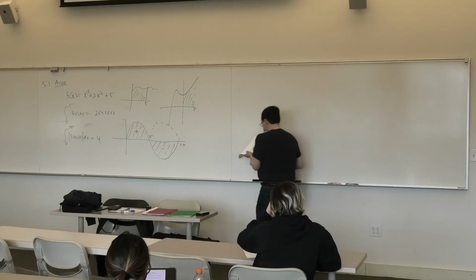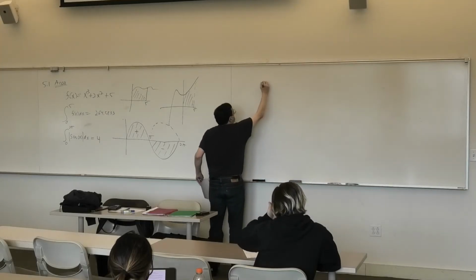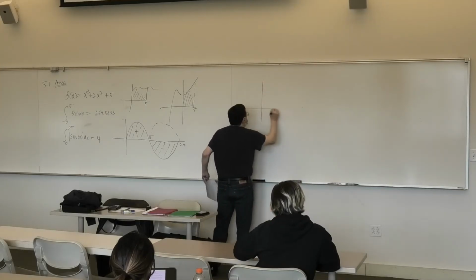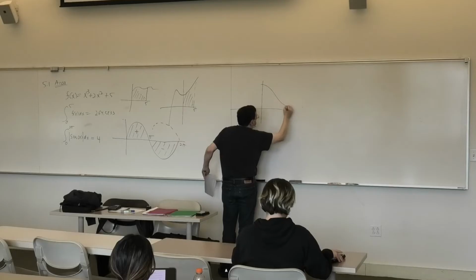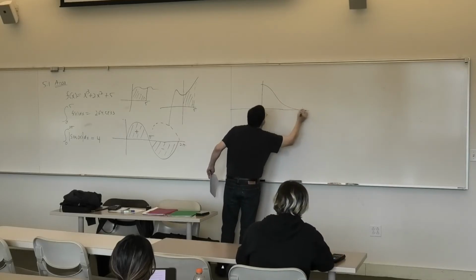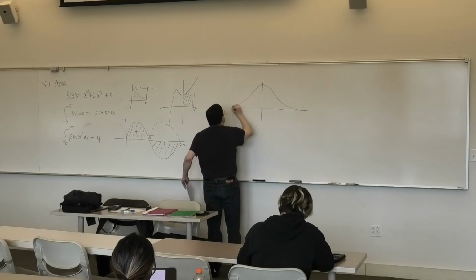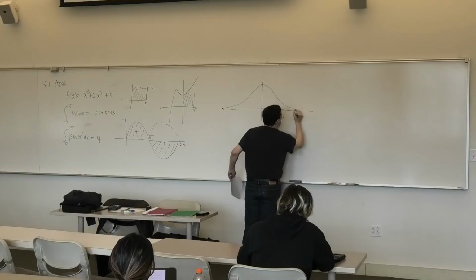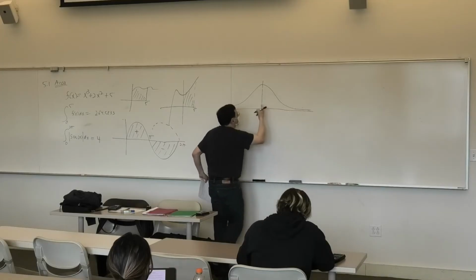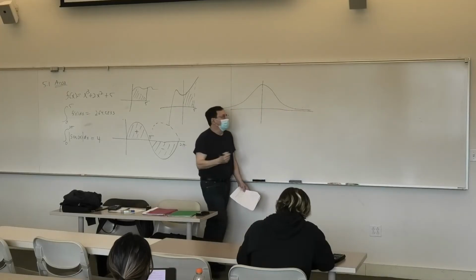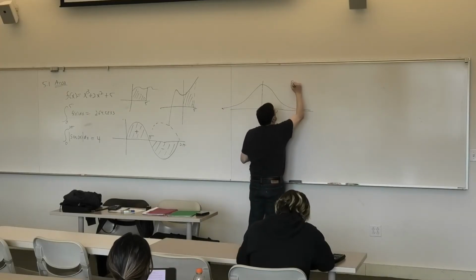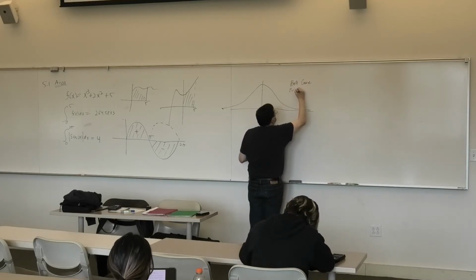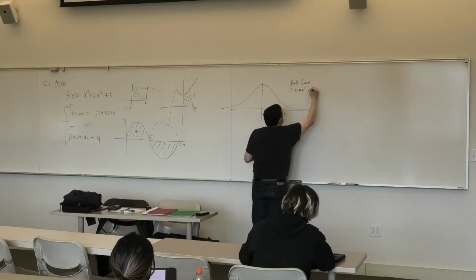And you may have run into a function that looks kind of like this. It's not going to reach the axis. Sometimes called a bell curve, a normal distribution.